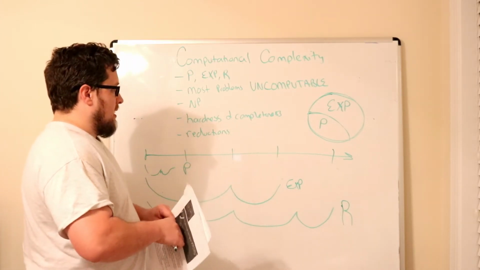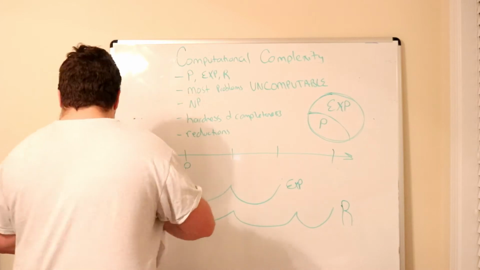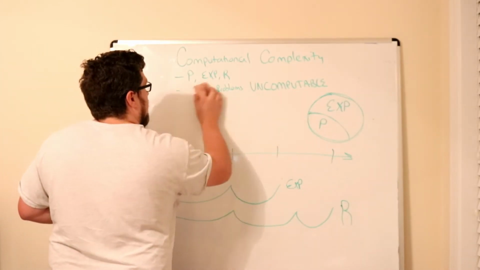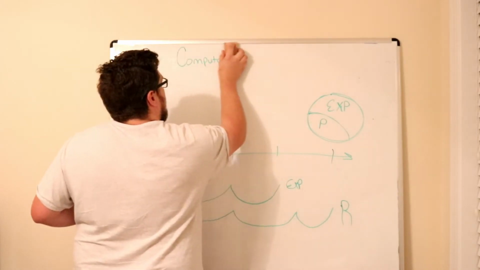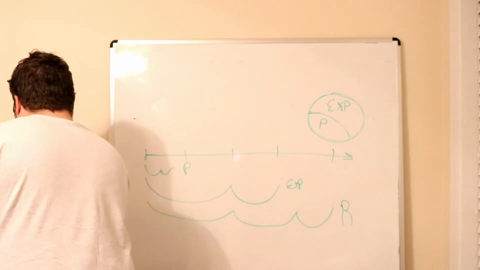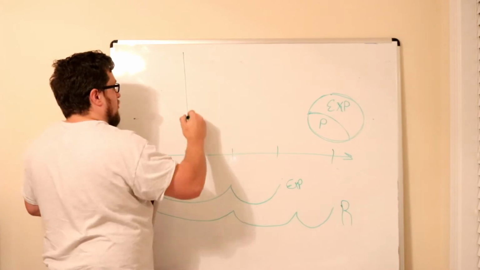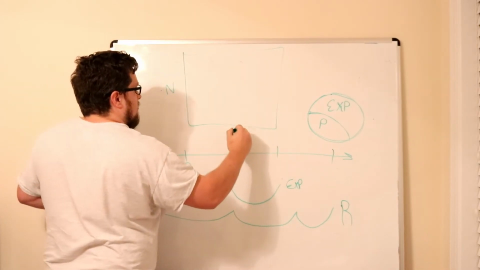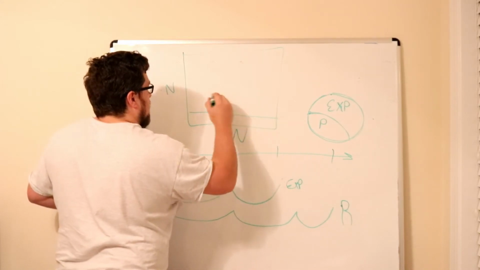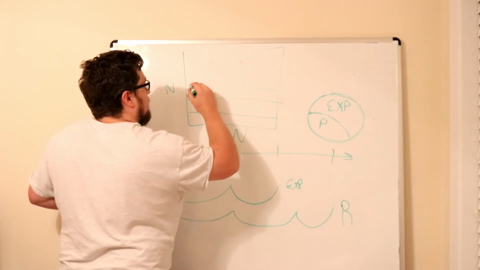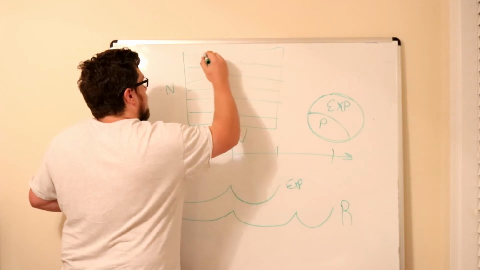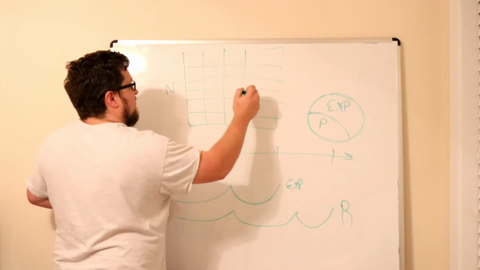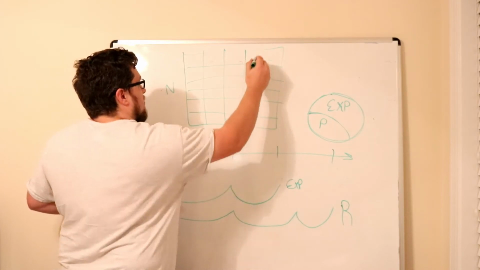Now let's talk about a chessboard. So I'm going to erase all of this. If we were to have a chessboard with n by n cells, and if they're not the same, I apologize. So 1, 2, 3, 4, 5, 6. 1, 2, 3, 4, 5, 6.